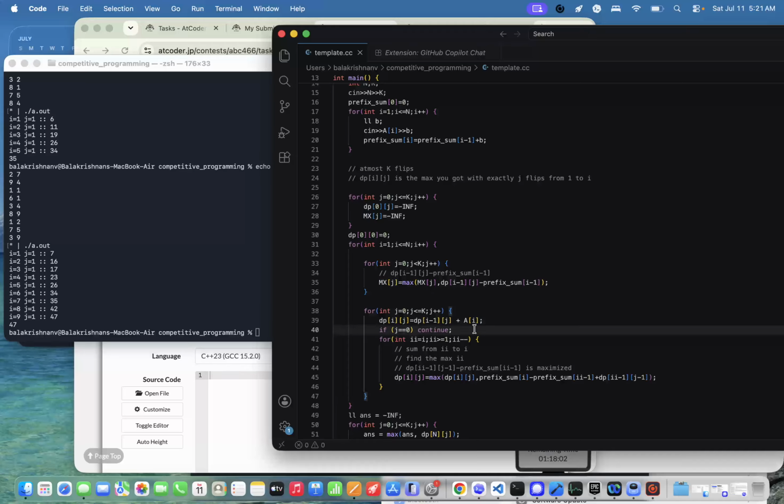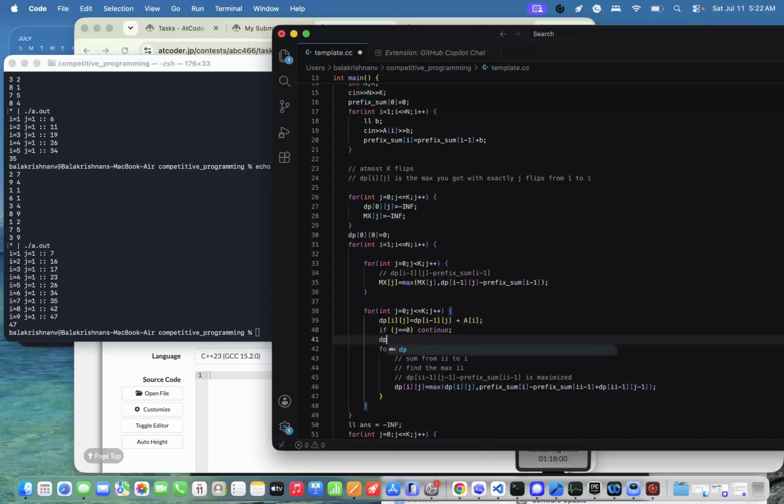Then we do basically dp of ij is equal to max of dp of ij, comma prefix sum of I, which is a constant for I, plus mx of j minus 1. We can remove this.